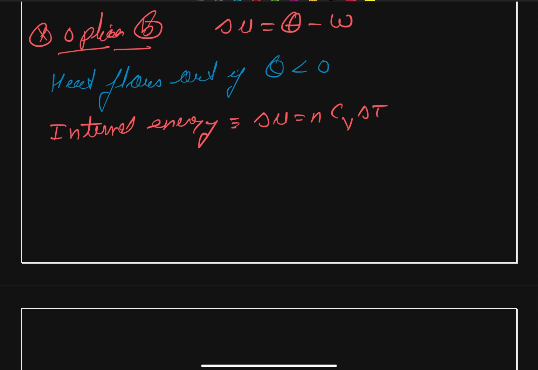We can use the equation PV equal to nRT, so temperature T will be equal to PV upon nR.